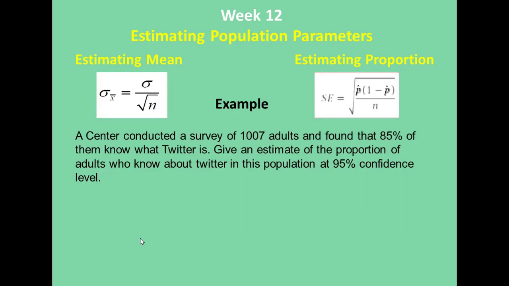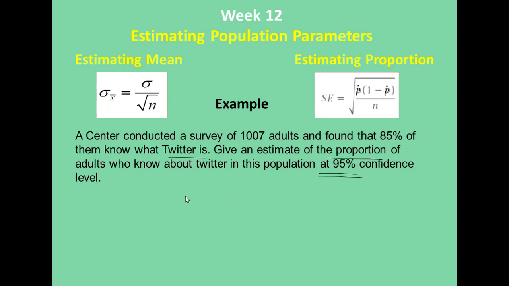A center conducted a survey of 1,007 adults and found that 85% of adults know what Twitter is. The procedure now is to give an estimate of the proportion of adults who know about Twitter in this population at a confidence level of 95%. This is a typical question that you might get in an exam situation.